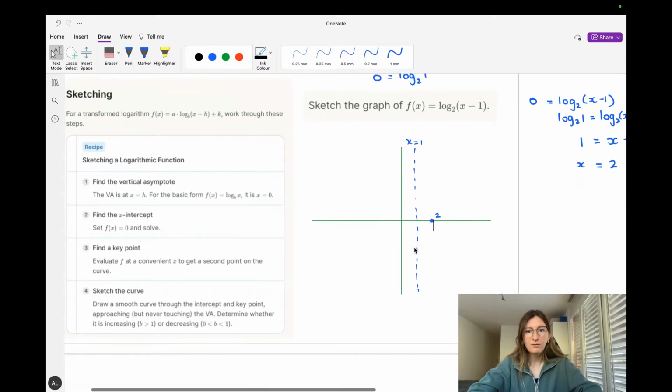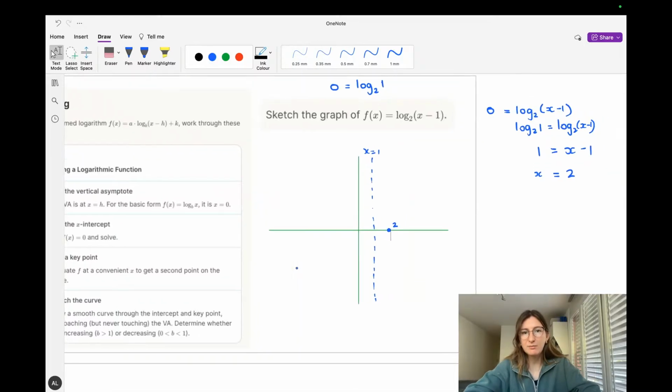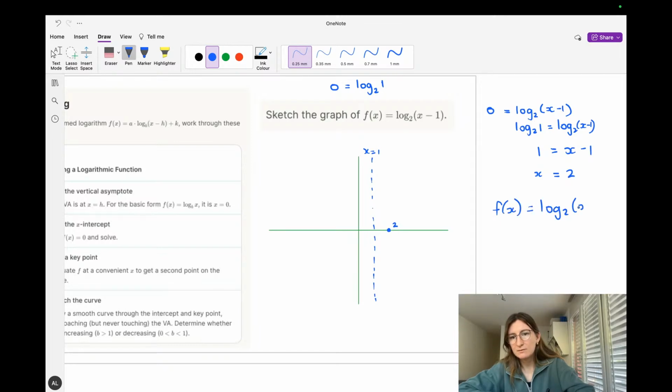Okay, now with our log, we need another key point. So I need to find another value of x that's convenient. That means a nice number to be able to plot it. So if I see my function here is log base 2 of x minus 1, I need to think of a nice number here that I can get.